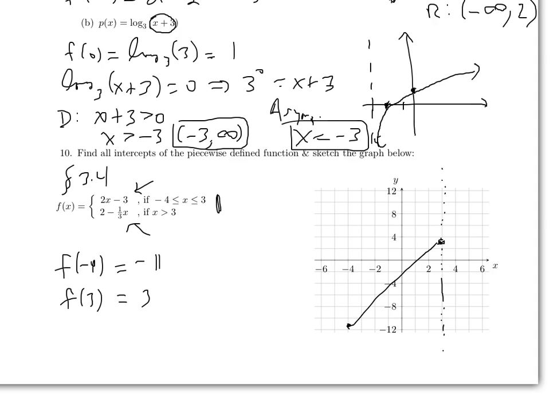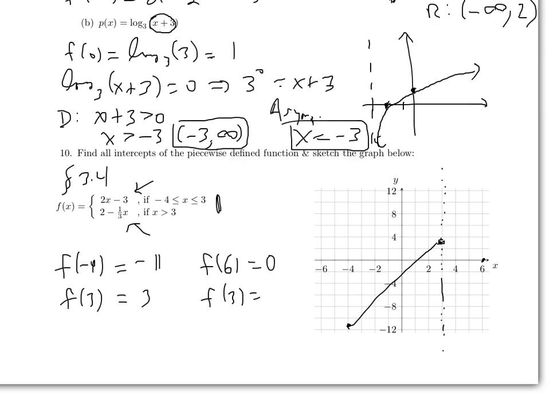The right side, I would get by plotting a couple of points to the right of that thing. So I might say f of 4. That's not good. Let's say f of 6. I see the third in here, so I'm afraid of doing f of 4. So f of 6 is 2 minus the third of 6, which is 0. And then I could actually plot f of 3 using this piece, because this is the transition point, and this point may not be on the curve, but it will tell me where my open circle goes otherwise.